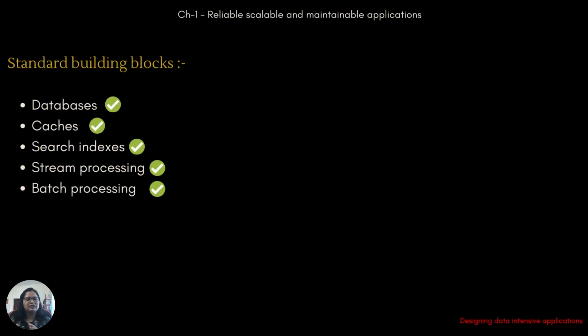Now, if we take a look at these building blocks again, database, caches, search index, stream processing, and batch processing, we think it is very obvious to implement them. Why does it sound obvious? That's just because data systems are such a successful abstraction. We can use them all the time without thinking much.